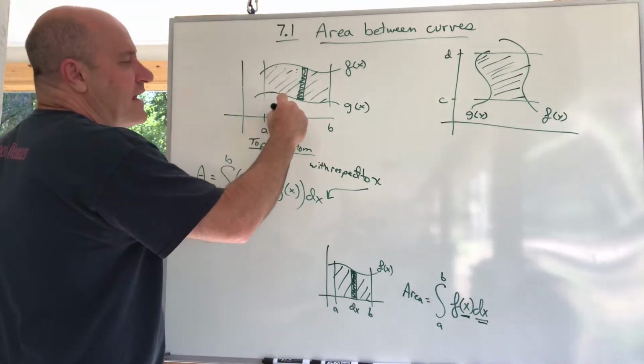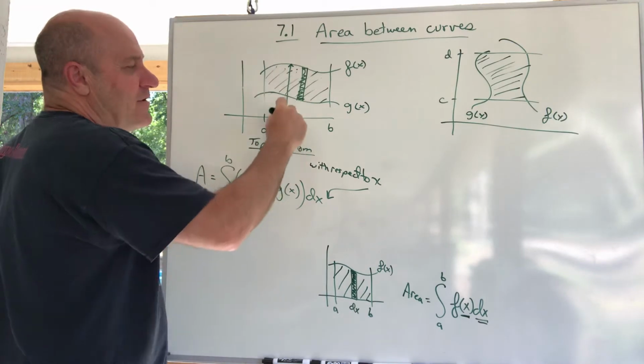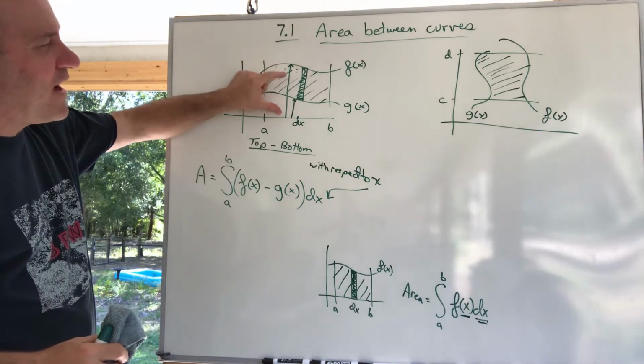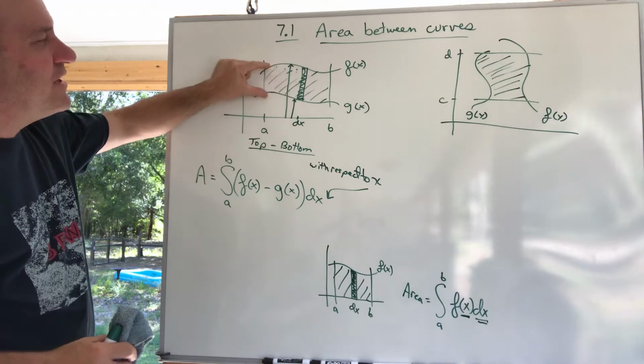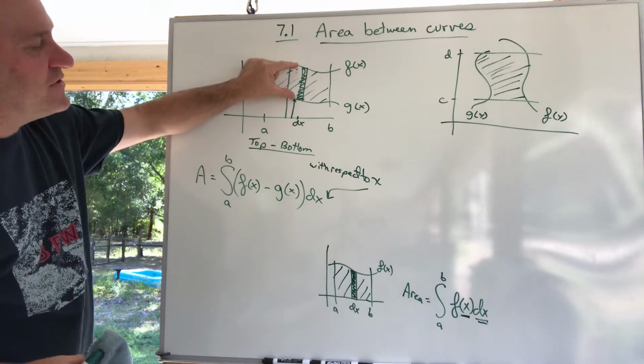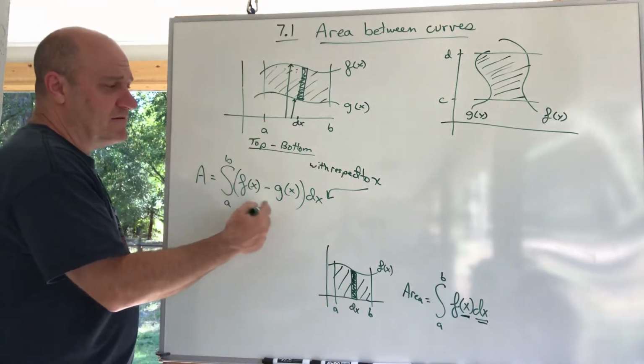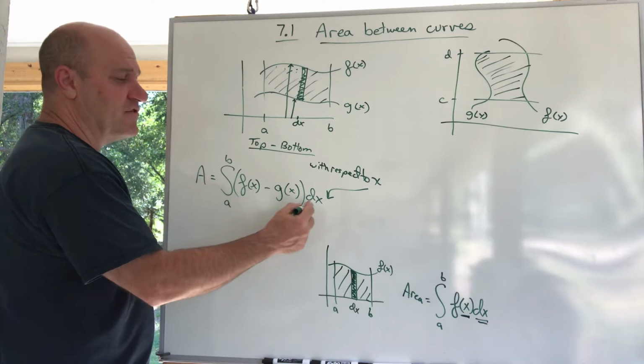The height of the rectangle is not that y value, and it's not that y value. It's the subtraction of those. So the height of the rectangle is f of x minus g of x. So that's one way to think. There's your height, there's your width.